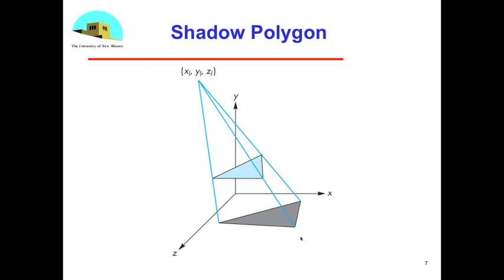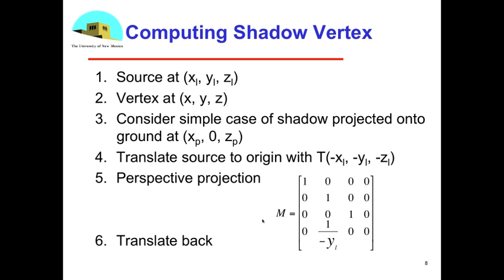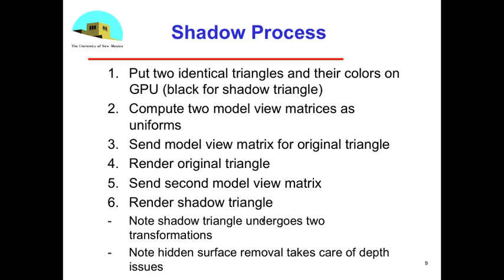If this polygon happened to be a little closer here, we'd see part of the polygon and part of the shadow, but that would all be taken care of automatically by hidden surface removal, because once you've computed the shadow polygon, that's just another black polygon which gets rendered like everyone else. So even if I render those two triangles in the opposite order, hidden surface removal will take care of it.